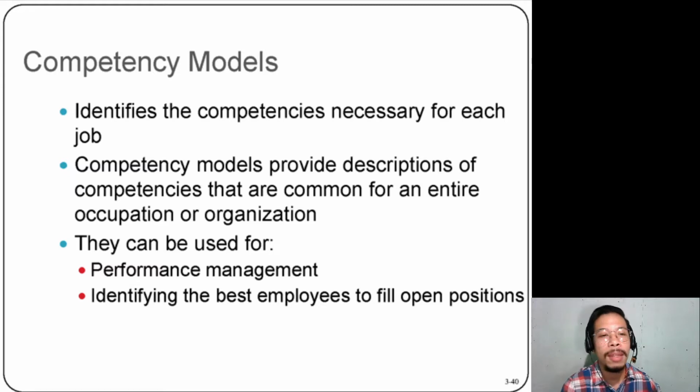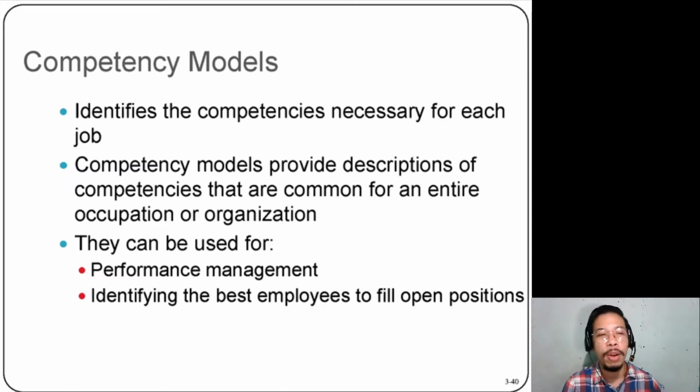Competency models provide descriptions of competencies that are common for an entire occupation or organization. So for existing organizations, most of them have these competency models. But this is very challenging for those who just started with their business and small businesses as well.